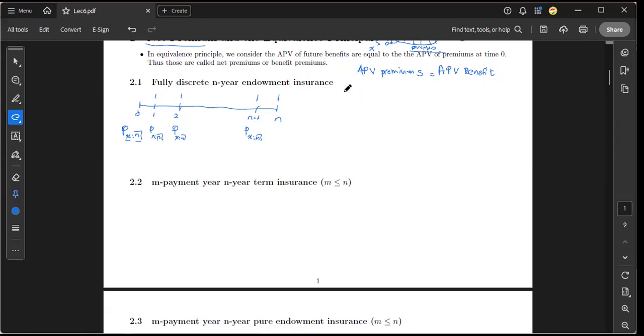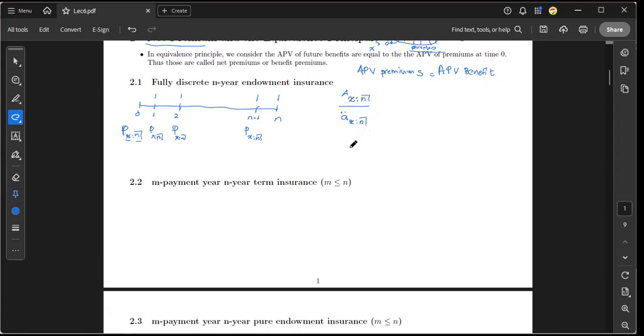We denote it by A, at age x, for n years. So that is the benefit present value. And the premium present value means this is the $1 annuity due for an n-year period.